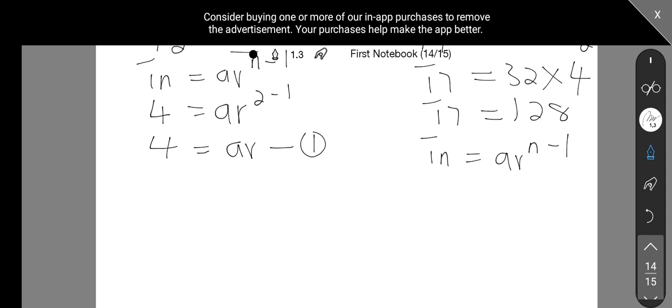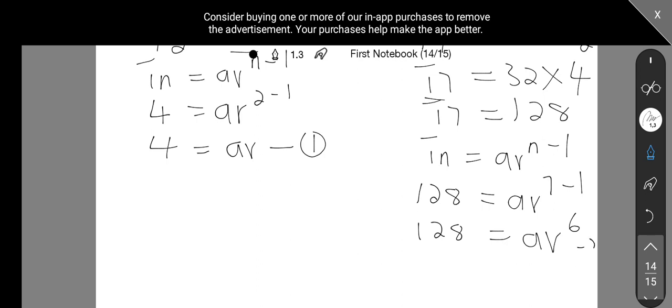Tn is the value found at position 7, so we have 128 as the value equal to ar to the power of 7 minus 1, because we're seeing T7, which means position number 7. Then 128 is equal to ar to the power of 6. This is the second equation.